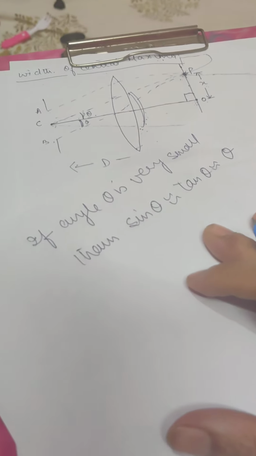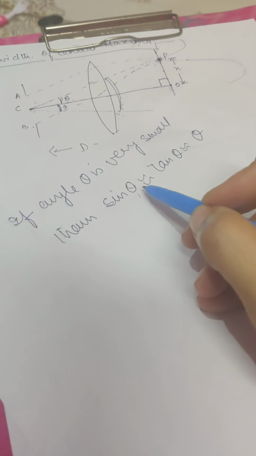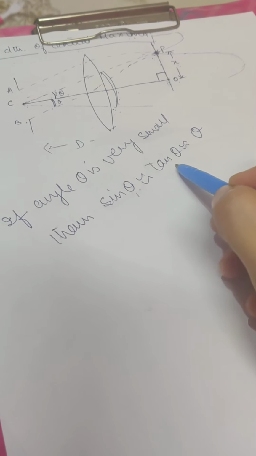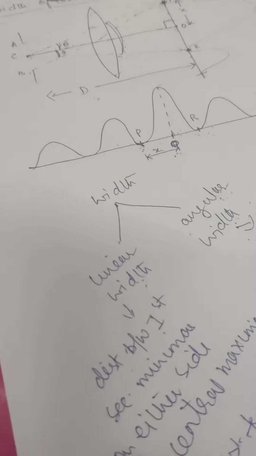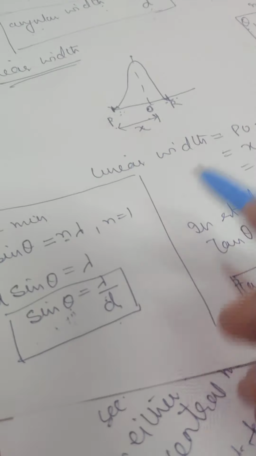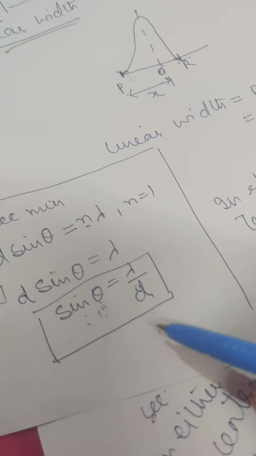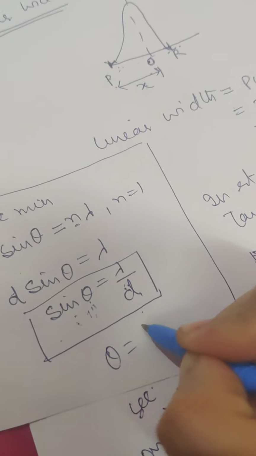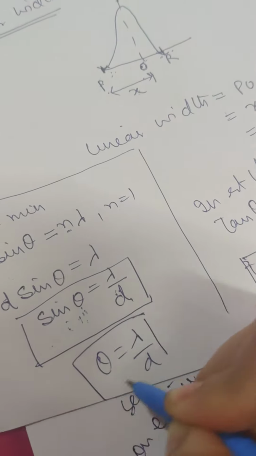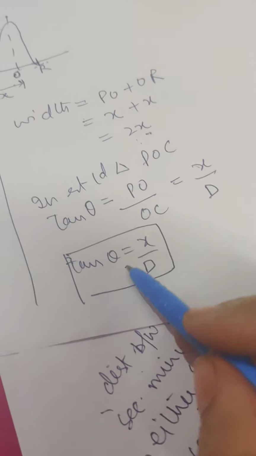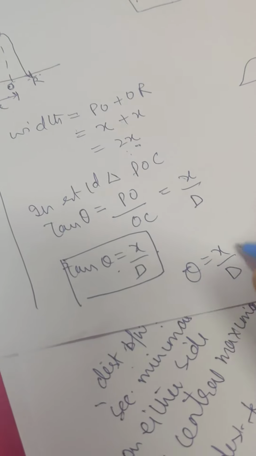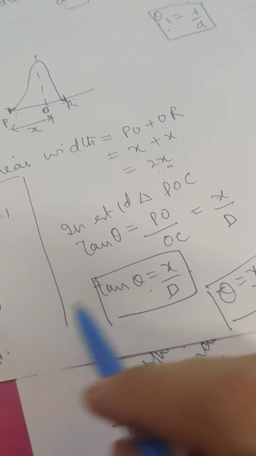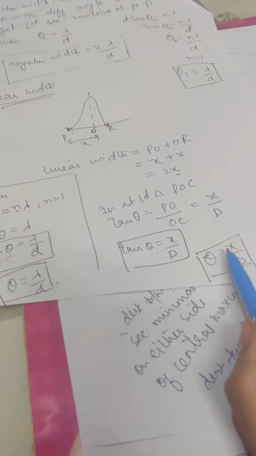If angles are very small, then we can consider tan theta equivalent to sin theta, and that is equivalent to theta. Therefore, the condition sin theta is equal to lambda by d, we can write theta is equal to lambda by d. Or we get tan theta is equal to x by d, or we can write theta is equal to x over d. So both these are theta.